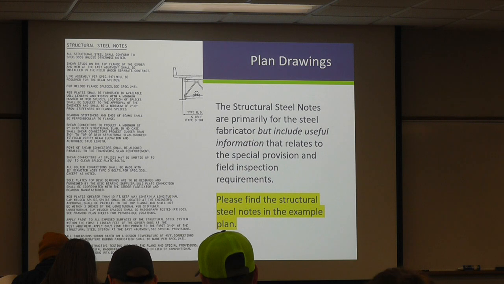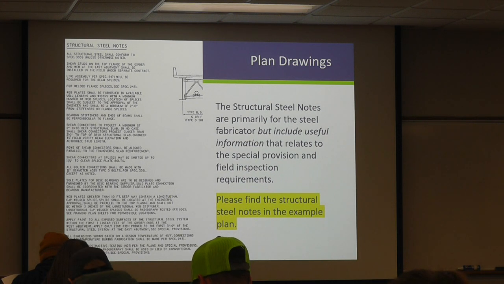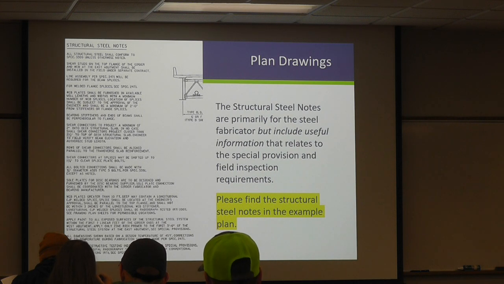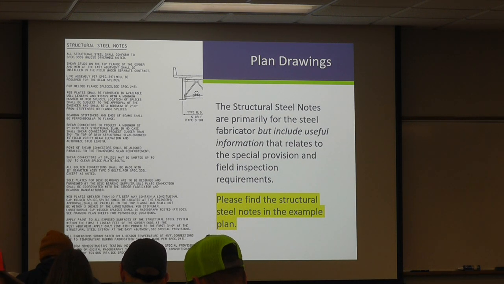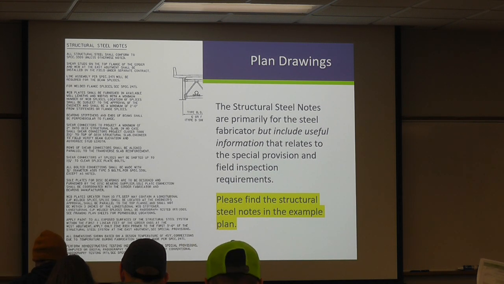The left side takes up most of the height of the page. We'll be referring back to this, so just make sure you understand where this is in the plan. Is there anybody that has not found it?